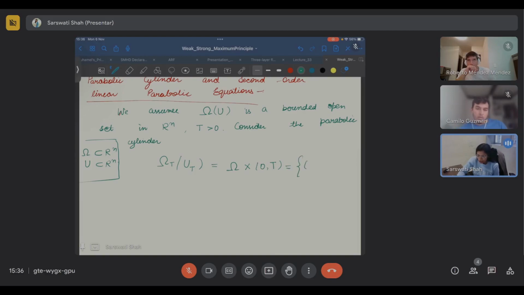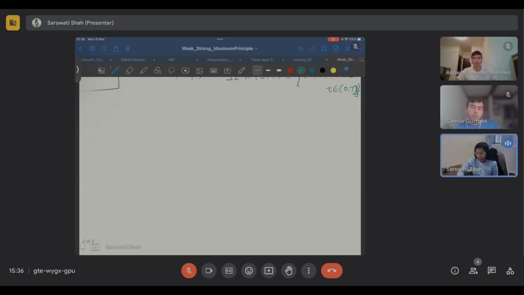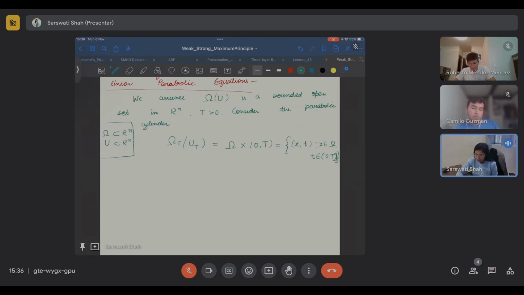This is the collection of those spatial and time variables such that x belongs to omega and t belongs to (0, T]. This is the parabolic cylinder, and how does it look?